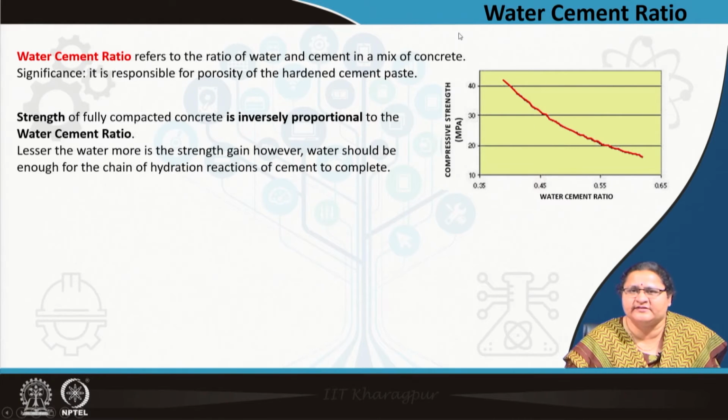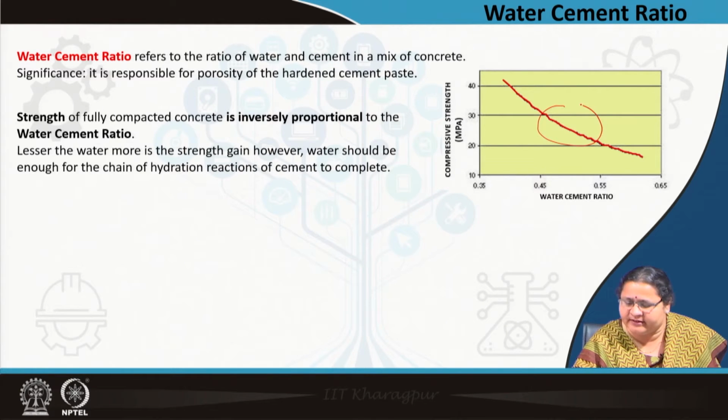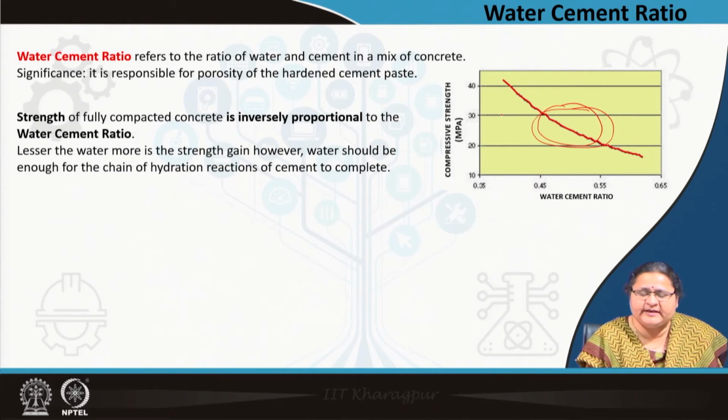good amount of strength, but mostly it is seen that we are getting our concrete in this range. So, strength is between 30 to 20 and water cement ratio in this 0.45 to 0.55 range. So, why are we taking this?